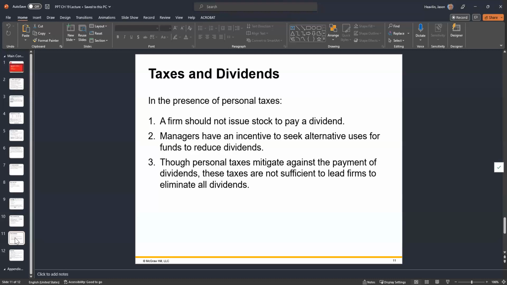Taxes on dividends. In the instance of personal taxes, a firm shall not issue stock to pay a dividend. So, as I mentioned earlier, if companies are paying dividends and they stop or reduce it, that's problematic. You need to find that cash one way or another before you do that, but you should not do it by issuing more stock.